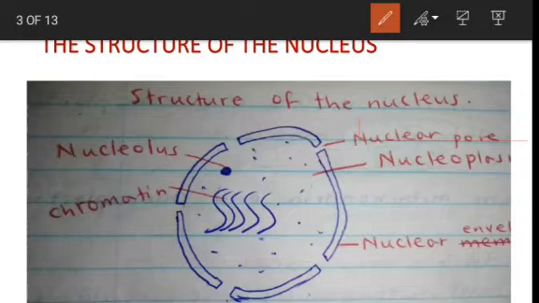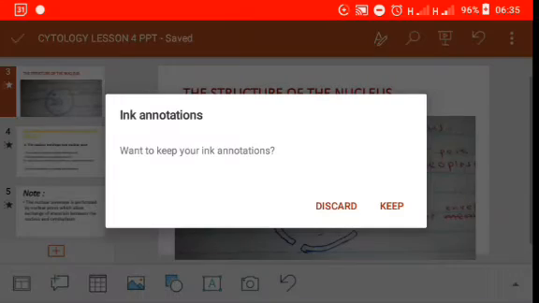We have the nucleolus, the other one that is more deep black. We also have the chromatin. We shall see what it contains. We have the nuclear envelope. So those are some of the parts of the nucleus.